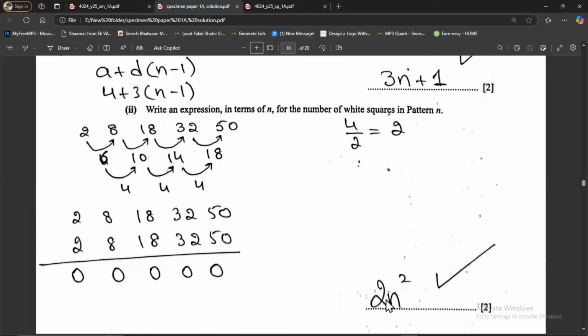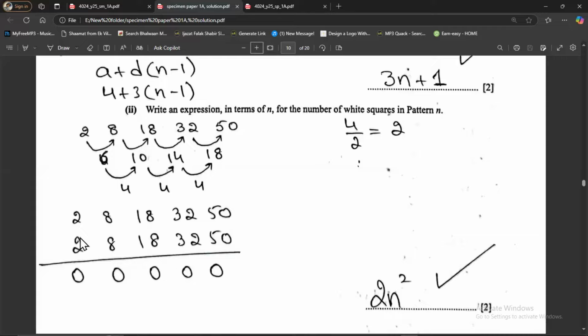Then we write the original pattern again: 2, 8, 18, 32, and 50. In the expression 2n square, I substitute n with 1, then 2, then 3, 4, 5. When you substitute n with 1, you get 2. When you substitute n with 2, you get 2 multiplied by 2 square, that is 8. When you substitute n with 3, you get 2 into 3 square, 2 into 9, that is 18.